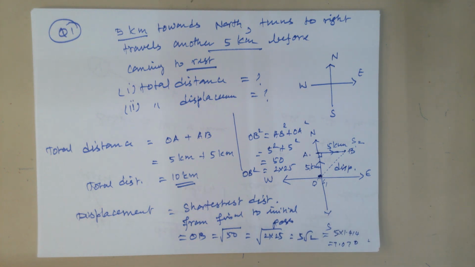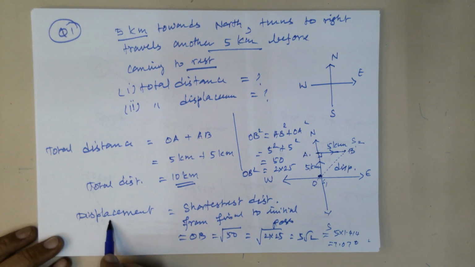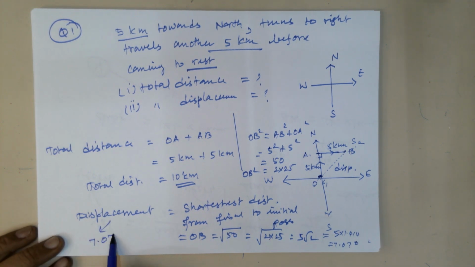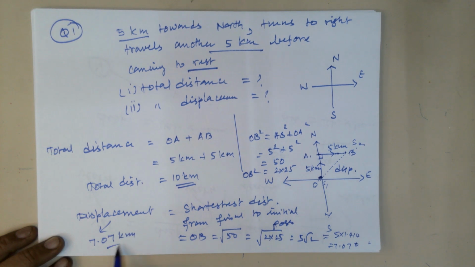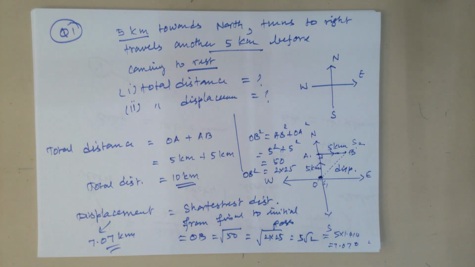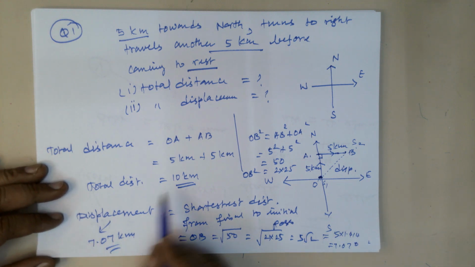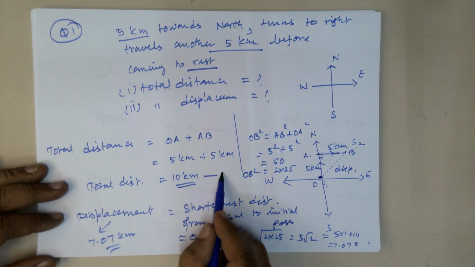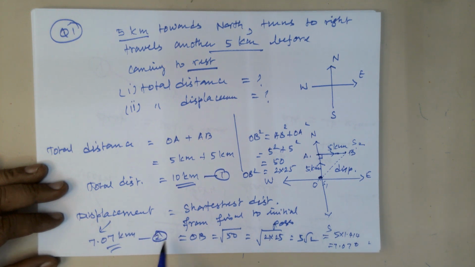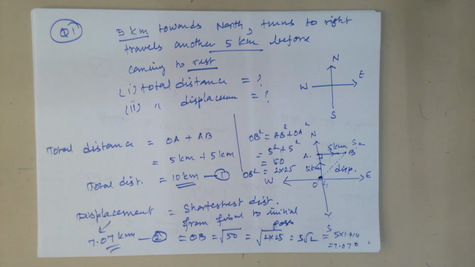So 7.07. So he has traveled 7.07 kilometer. Okay. Whereas the distance is 10 kilometer. So do you find out the difference between these two? Okay. Right. Next sum.